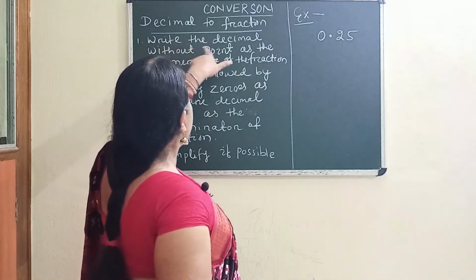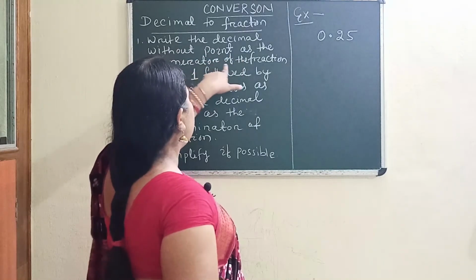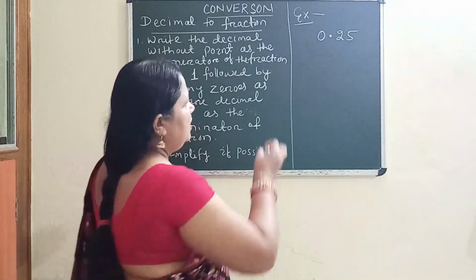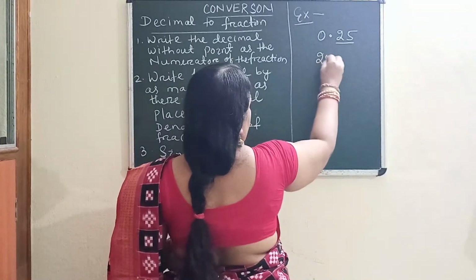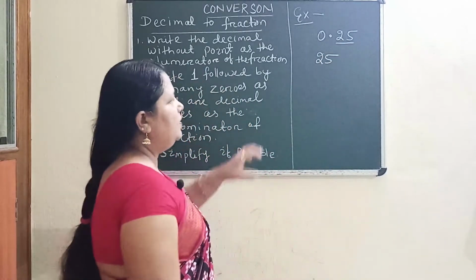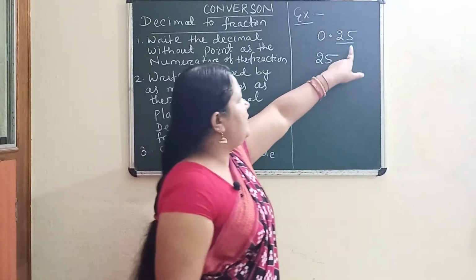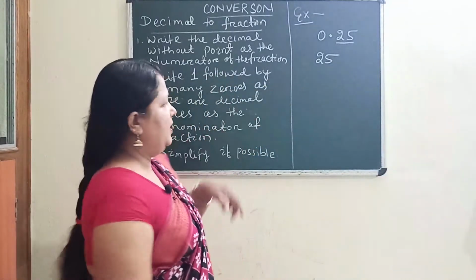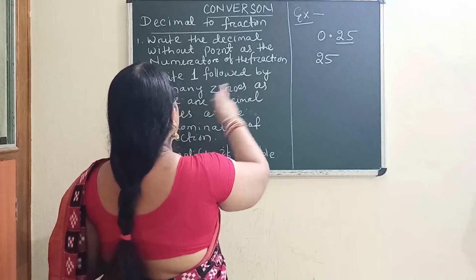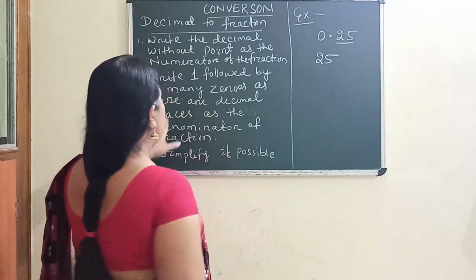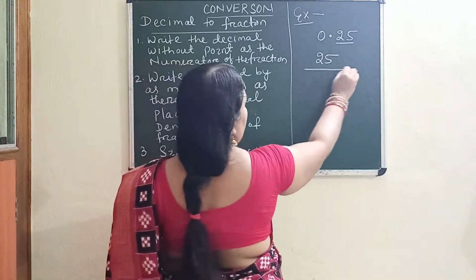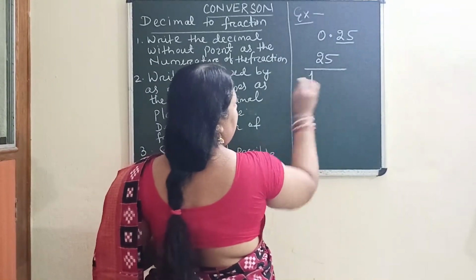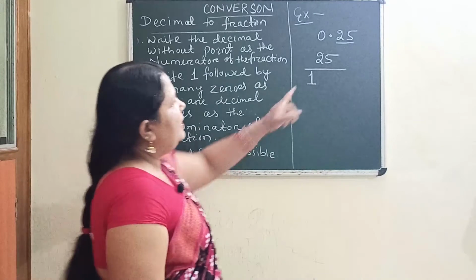Number 1 step, write the decimal without point as the numerator of the fraction. Decimal, this is your number 25. So directly you can write this number as your numerator and write 1 followed by as many zeros as there are decimal places. So what to do next step? Write 1 and decimal places.